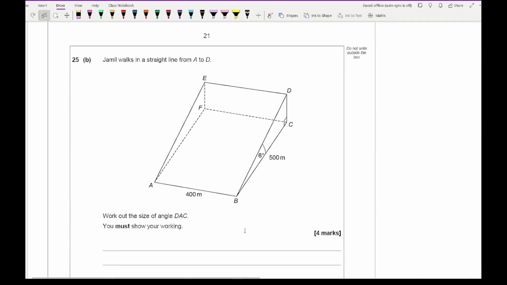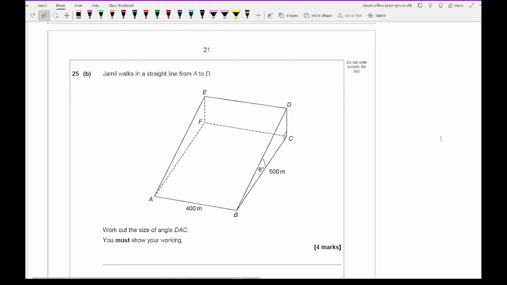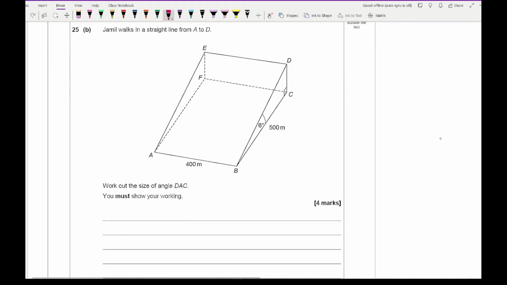Then looking at question 25b, it says Jamil walks in a straight line from A to D, and the question's asking us to work out the size of angle DAC. So what I'm actually trying to find is, if I join that point there and join this triangle here, this is the angle that I'm trying to find.